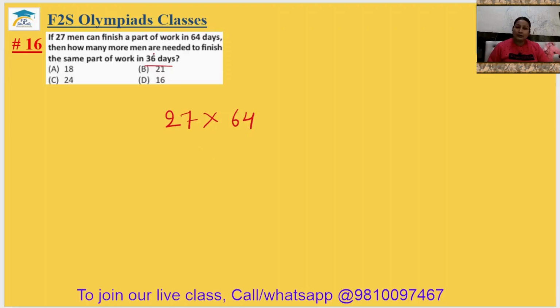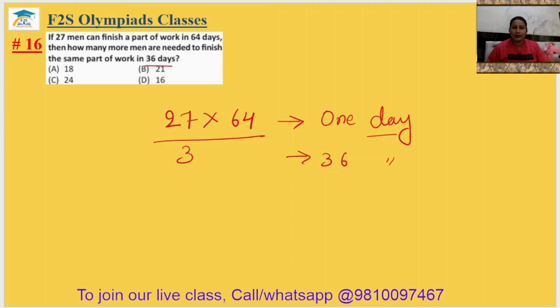And in 36 days, if in one day this task has to be completed, so definitely we need more men. That is 27 multiplied by 64. Now this is the number of persons for completing the task in one day only. So for 36 days, it should be divided by 36.